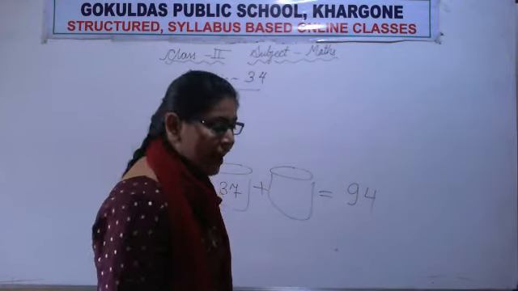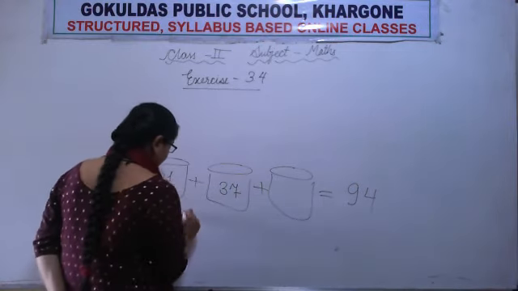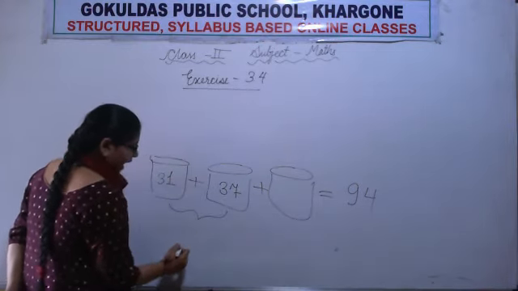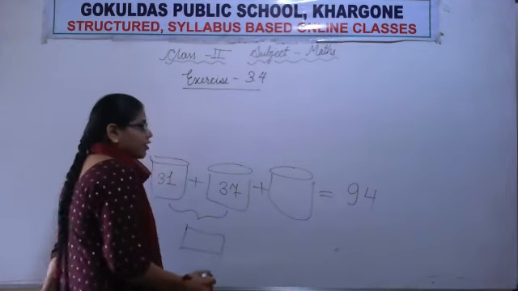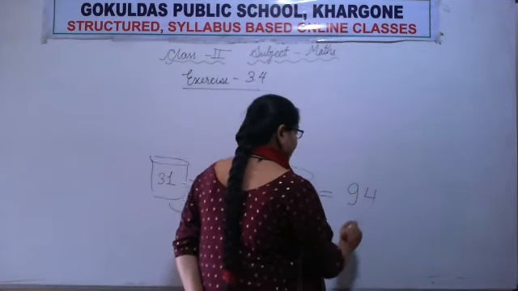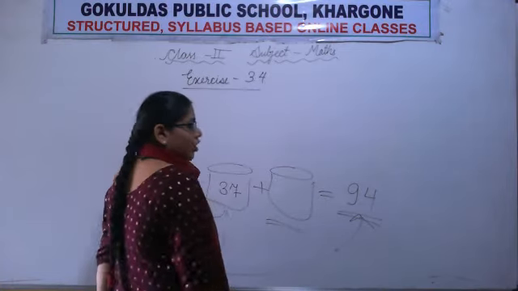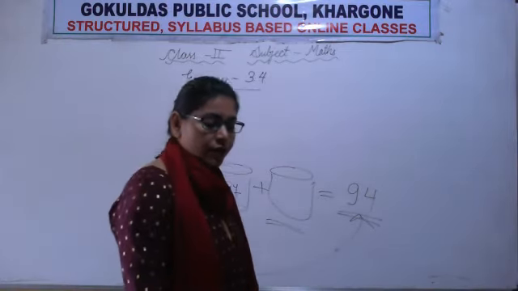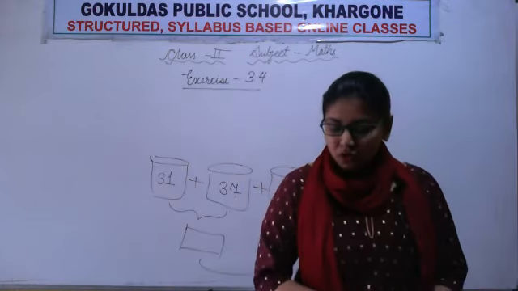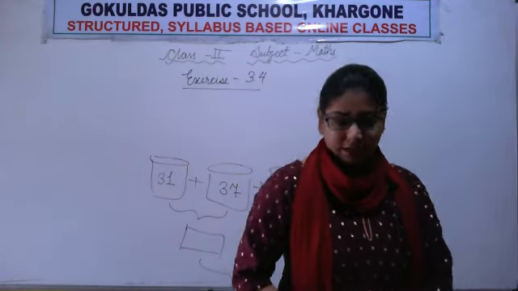So how will we find it? We will add these 2, then we will get some number, and we will subtract this from the total number of candies and we will get the number of candies in the third jar. Okay. So all of you note down the question first.